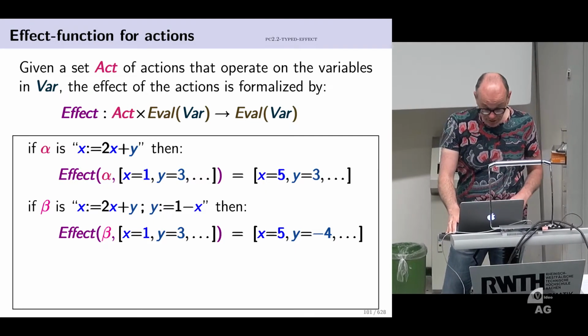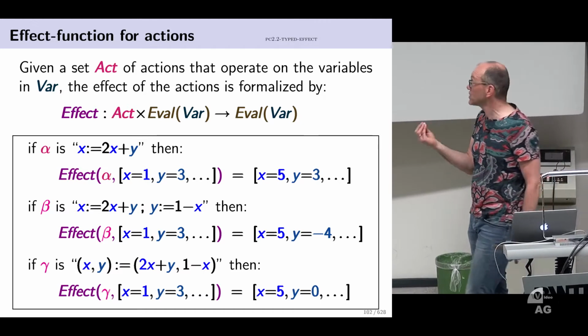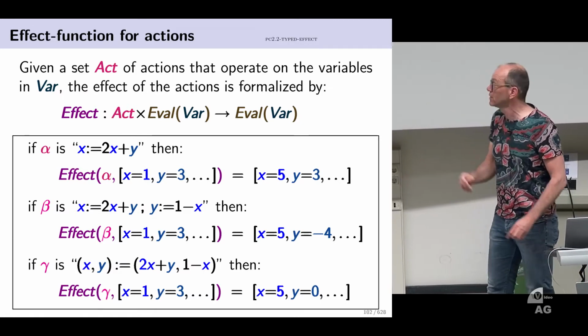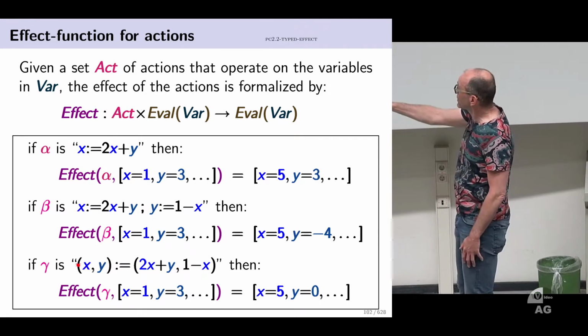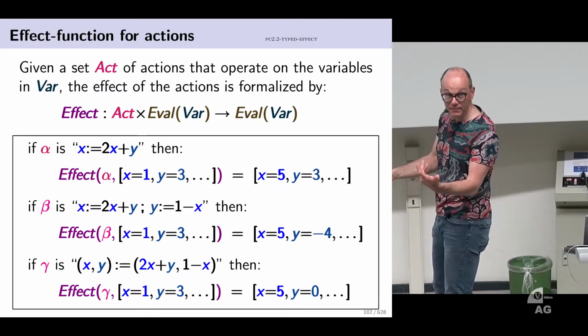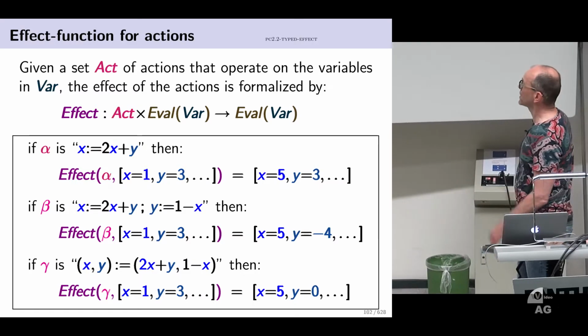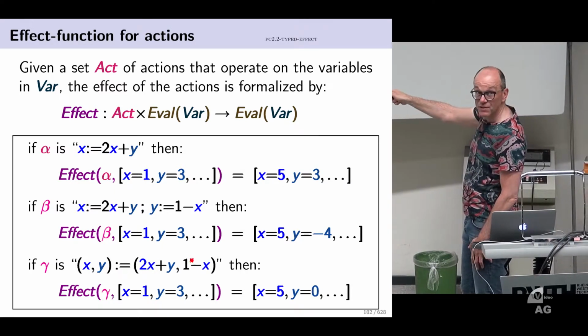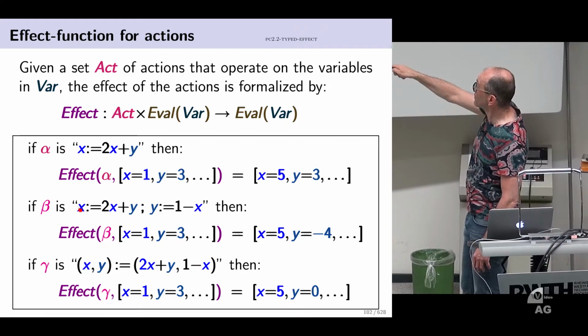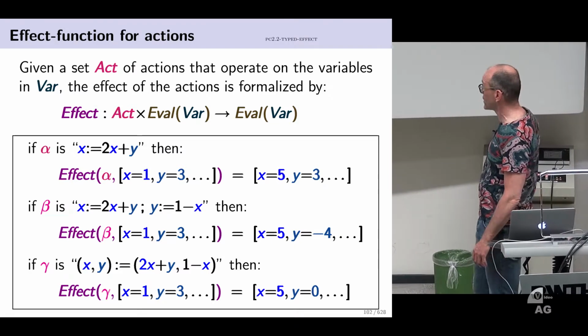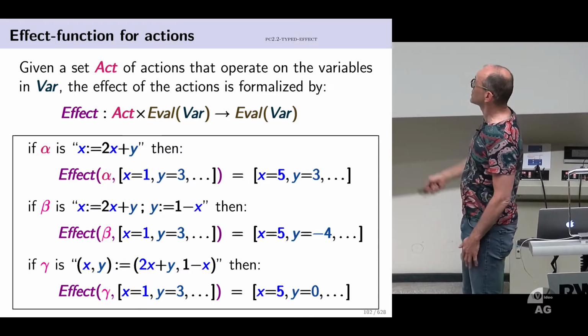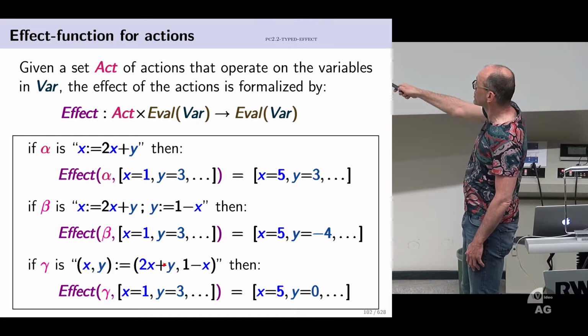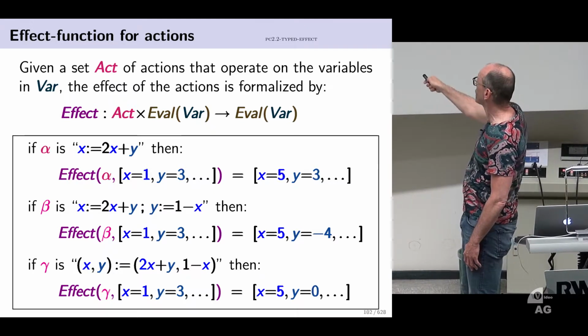This is different in the following thing, and here what I mean by this notation is a parallel assignment. So this is an assignment that takes x and y as a pair, and on the right-hand side says x becomes 2x plus y, and y becomes 1 minus x. Now this is different from this statement over here in the following sense. X is still 2x plus y, which means 2 times 1 plus 3 is 5.